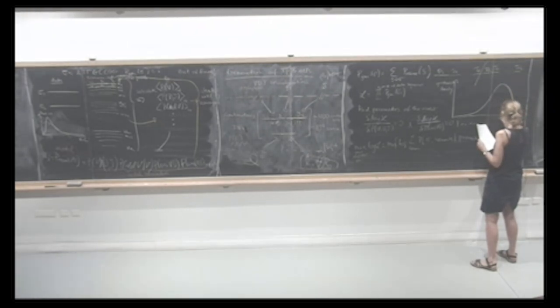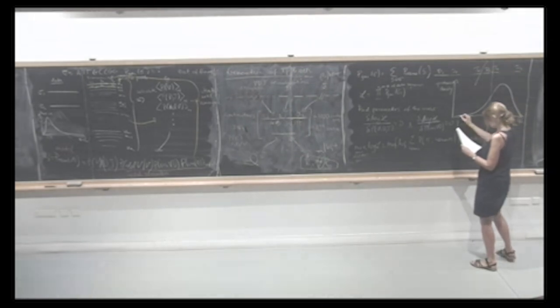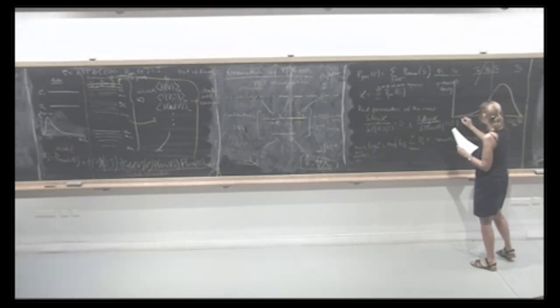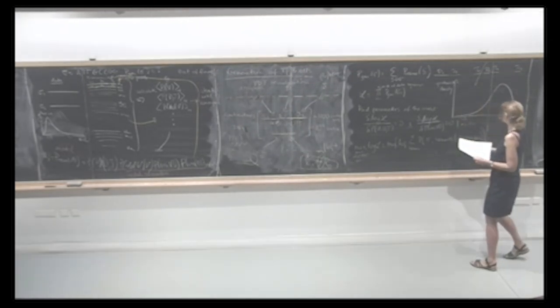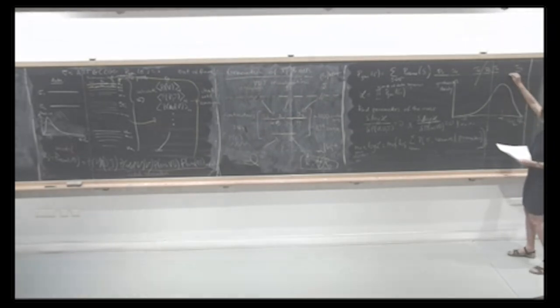This is about -8, this is about -4, this is about -25. These are human T cells, for example. We can do it for everything.